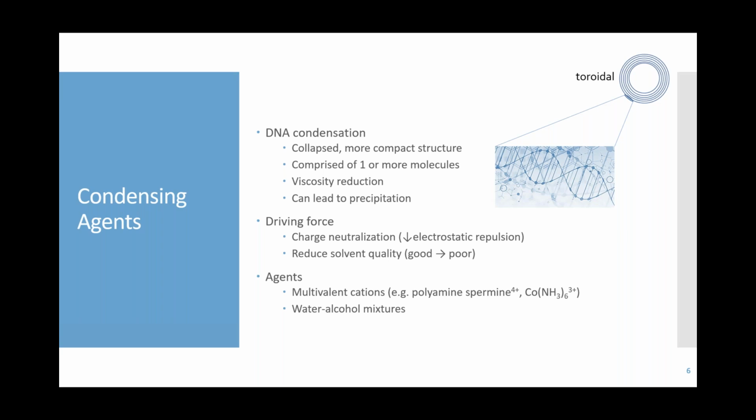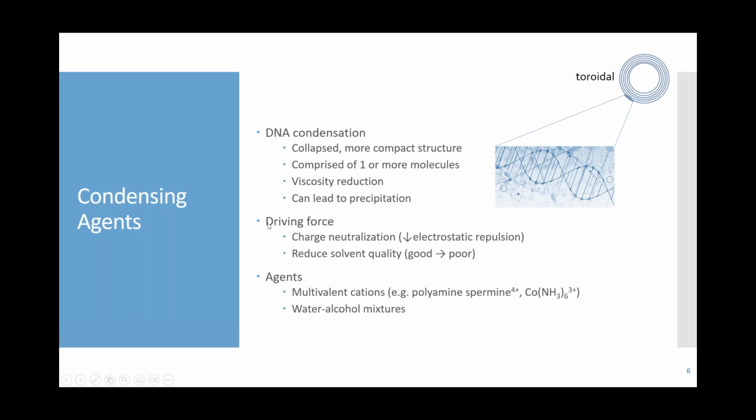One common one is that it would form this torus shape, or toroidal shape, where if you zoom in on the concentric rings forming the torus, you see that you maintain the double helix, but now it wraps around itself. And again, depending on the molecular weight of the DNA, this torus structure can be composed of a single DNA or multiple DNA.